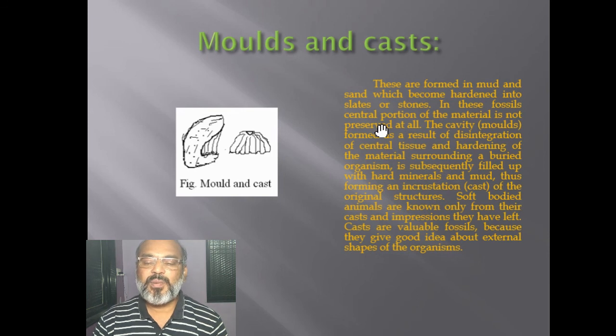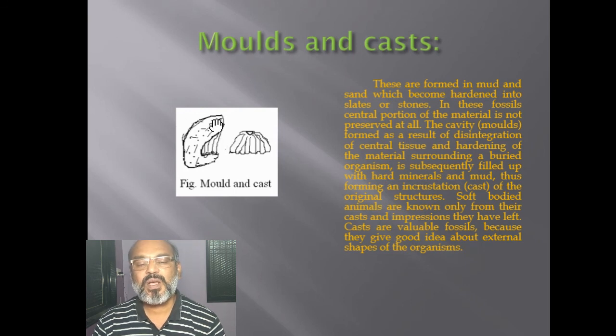Soft-bodied animals are known only from their casts and impressions they have left. Casts are valuable fossils because they give a good idea about the external shape of the organism.